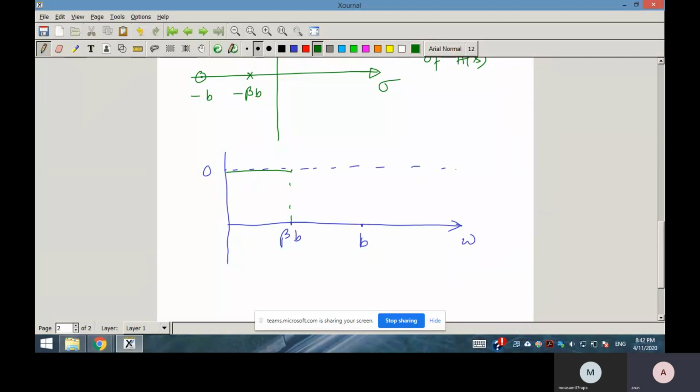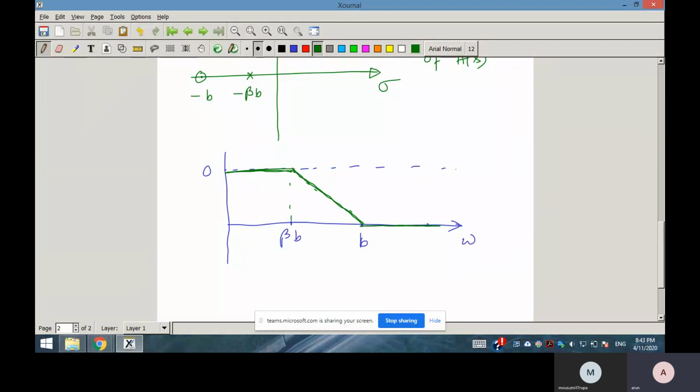Here the minus 20 dB per decade slope will get nullified by the 0 at omega equal to b. So this is your asymptotic Bode magnitude plot of the lag controller.